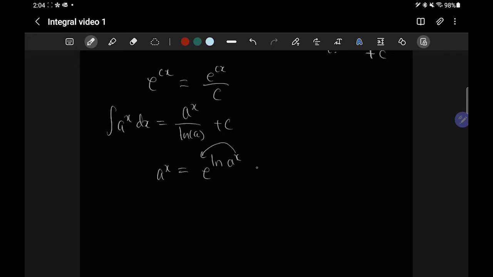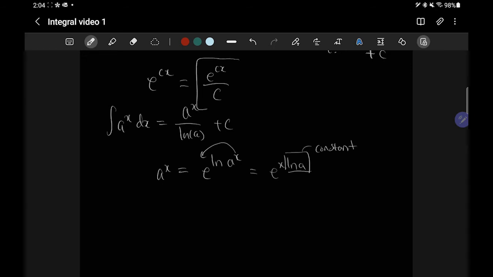We can move x forward so that a to the x equals e to the x natural log of a. Here we know natural log of a is a constant, because a is a constant.